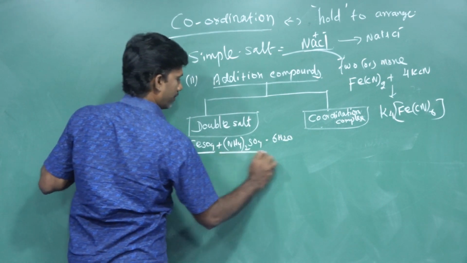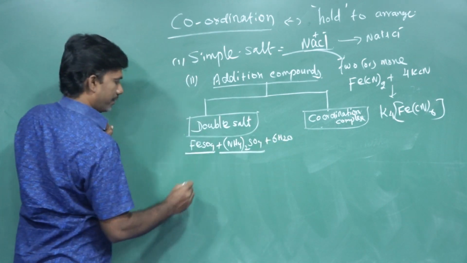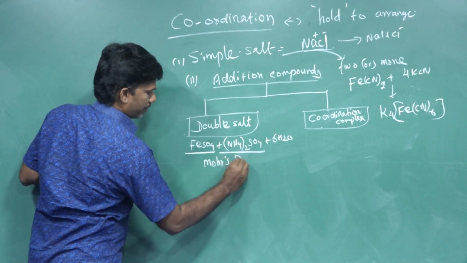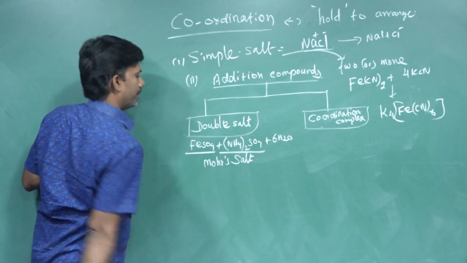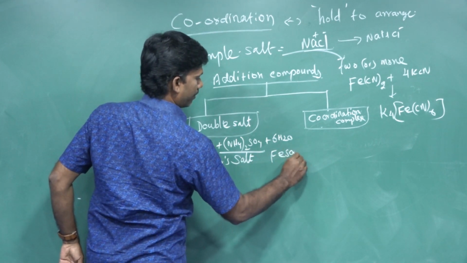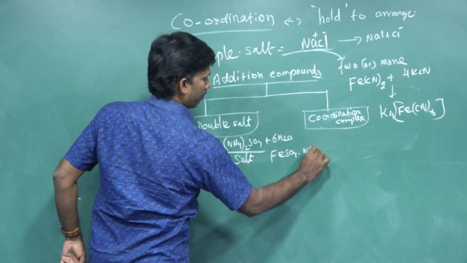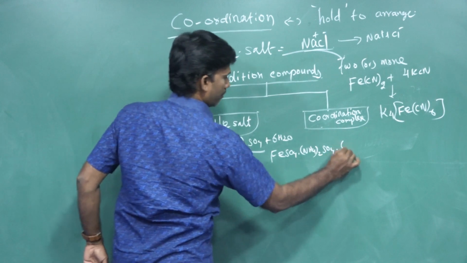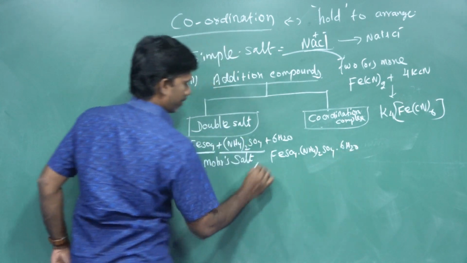Ferrous sulfate and ammonium sulfate combine to give a salt. This is called Mohr's salt: FeSO4.(NH4)2SO4.6H2O. This is a double salt.